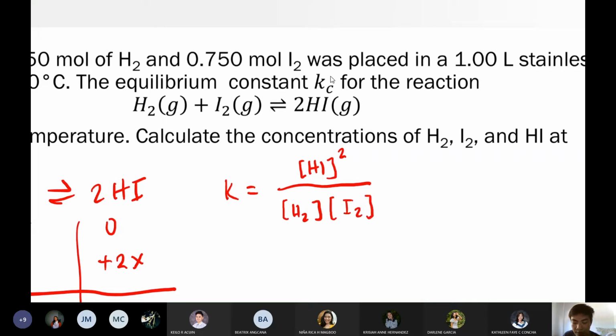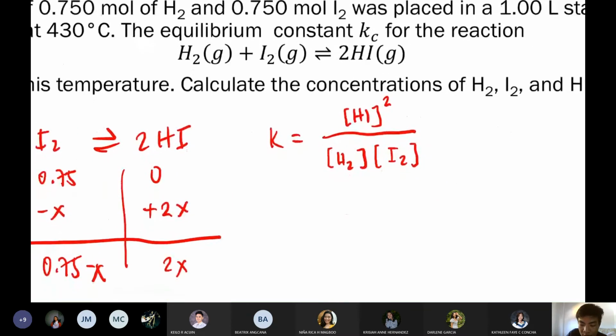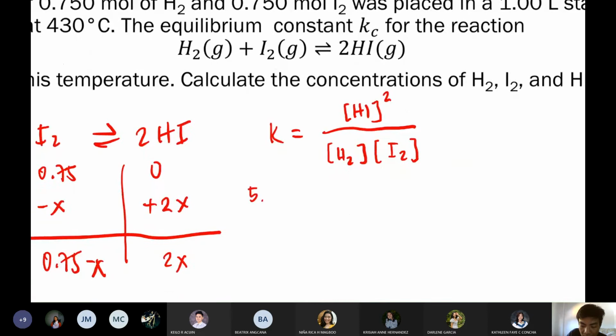This is the equilibrium expression for this equation. What's next is that you plug in your equilibrium expressions and the K value. The K value is 54.3.